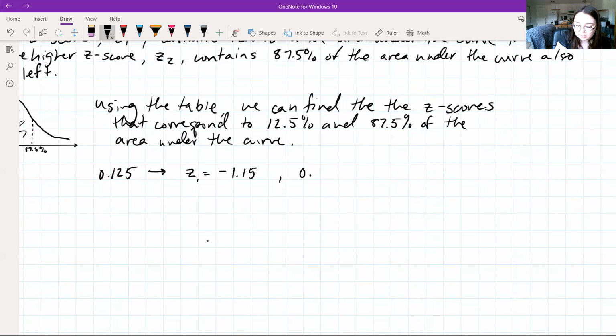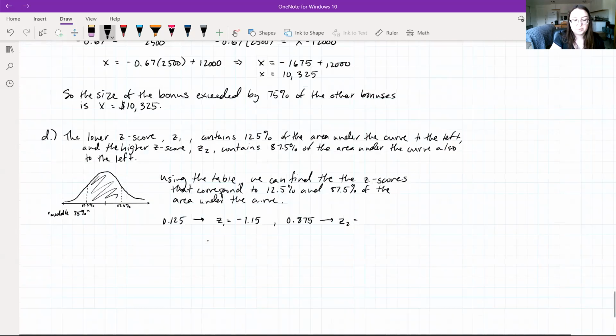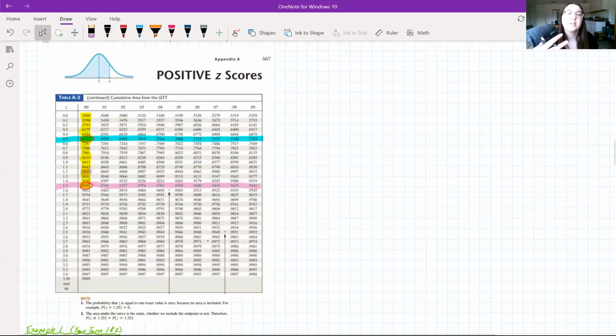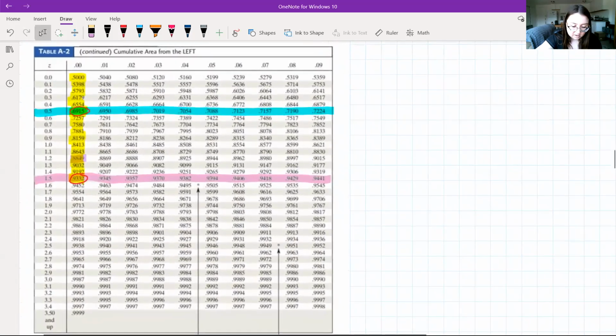Then we're going to take the value of 0.875, and we're going to find that corresponding z-value, z2. So 0.875, that's a pretty high area under the curve. So let's look in the positive z-scores. Now remember, we're looking for any value close to 0.875.